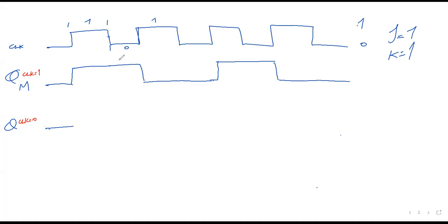So what happens? My clock goes to 1 at this stage, here I have the hold, because the clock for the slave goes to 0. Now, when the clock changes to 0 in this case, that is where I have my toggle. Clock goes to 1, I hold.